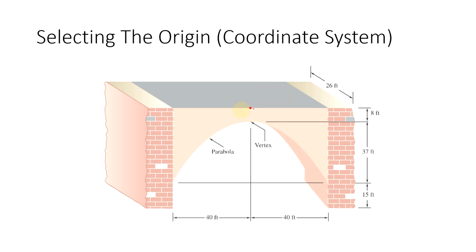If you put your system of coordinates here, which is okay, x, y, and z, you have to know that whatever happens, the forces that are applied on this side, from this origin to the left, are going to be negative in x.